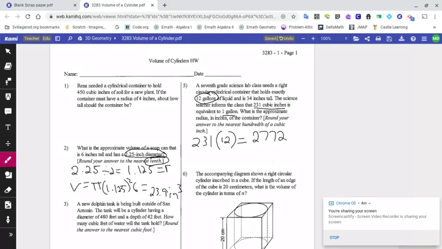Now I'm just plugging everything that I know into the volume formula. I'm given the volume, so that goes over here: 2772 equals pi r squared times the height, which is 34 inches.